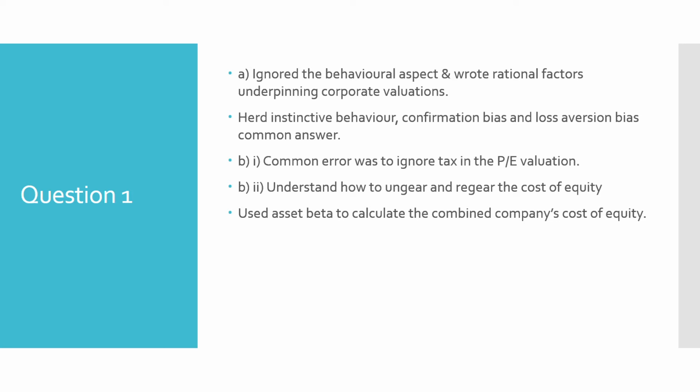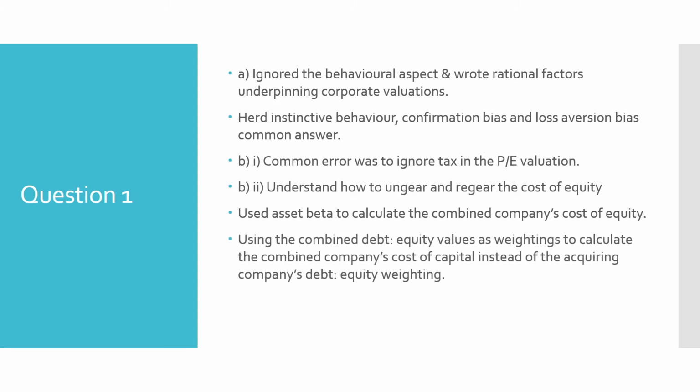The second mistake is using the combined debt to equity values as weightings to calculate the combined company's cost of capital instead of the acquiring company's debt equity weighting.